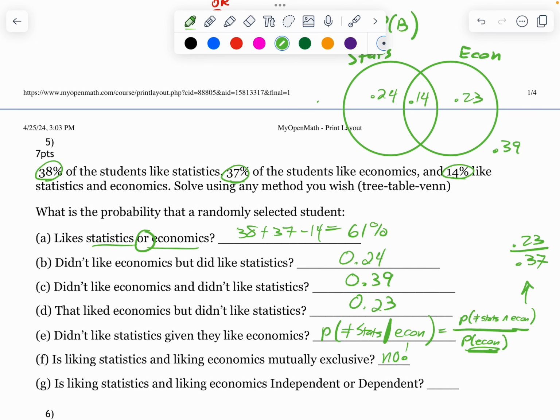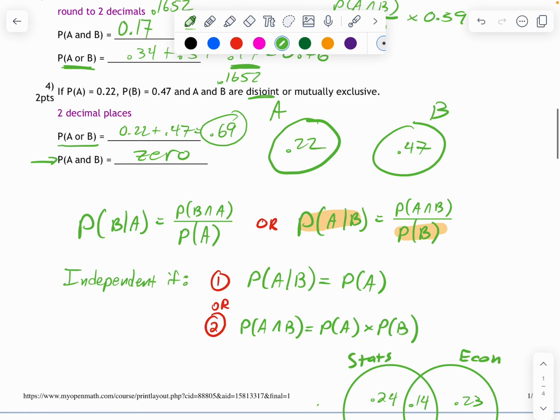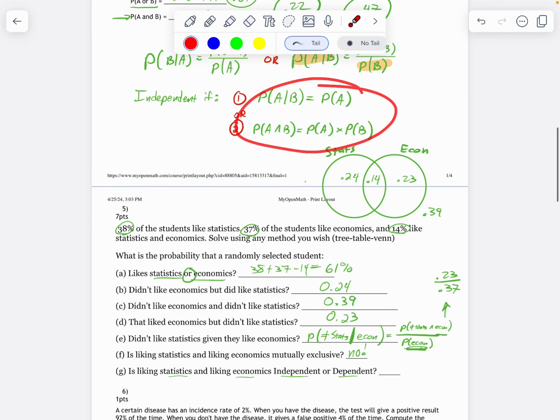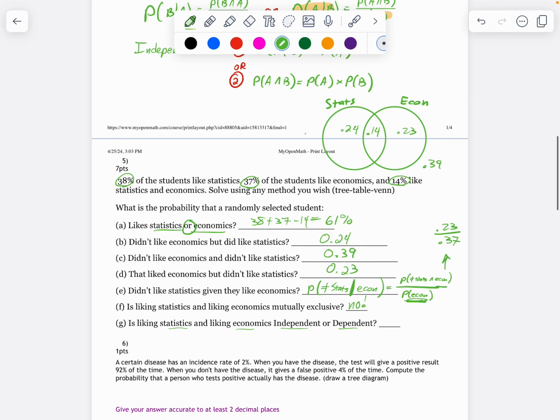Is liking stats and econ independent or dependent? So again, you can check either one of these. I'm going to just use number 2. The probability of A and B is 14%. Does that equal, question mark, the probability of stats times the probability of econ? And those are 38 and 37.